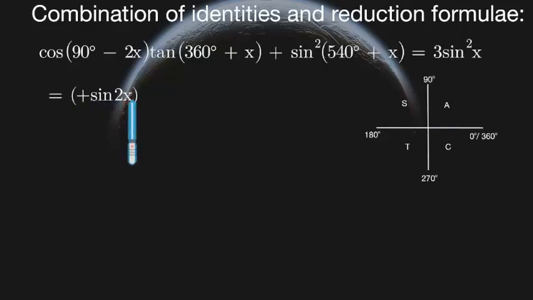Then we put it in brackets because remember this is a cosine function times a tangent function. And now we do the same with this tangent function. So we go 360 degrees, start at 0, that is again anti-clockwise, plus x, which is anti-clockwise again, and we end up in the first quadrant. Now we are given a tangent function.